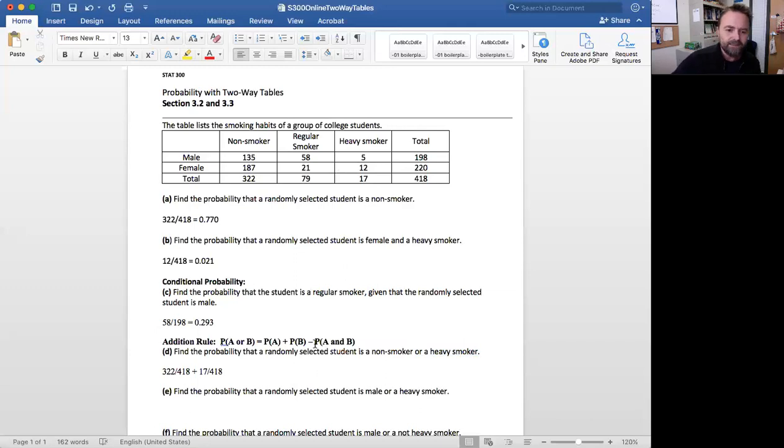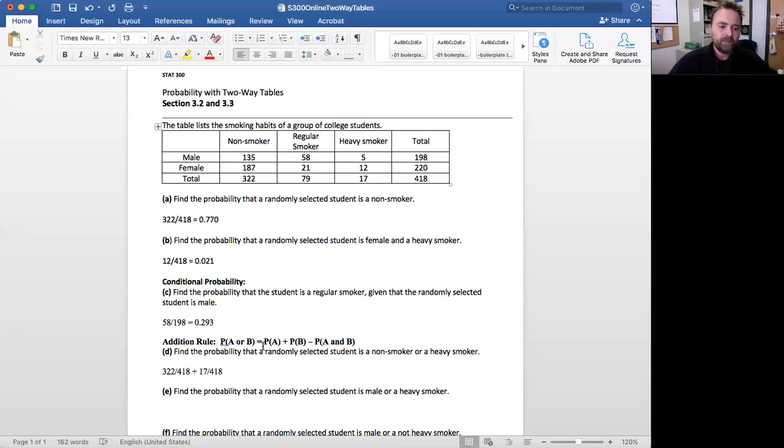Now you have this minus piece. This is where you have to ask yourself, are there any students that could be in both categories? We have non-smokers and heavy smokers, and there's no overlap. Either you're in the heavy smoker category or you're in the non-smoker category.